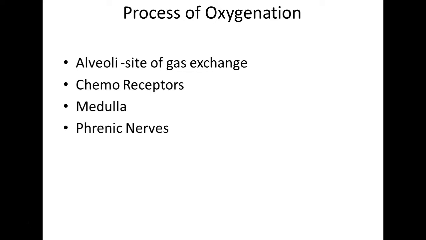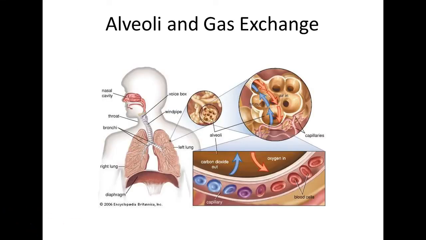These peripheral chemoreceptors do not desensitize, and their effect on breathing rate is less than that of central chemoreceptors. Okay, here's another picture just of the alveoli, just to give you a visual of the oxygen in and the carbon dioxide out.